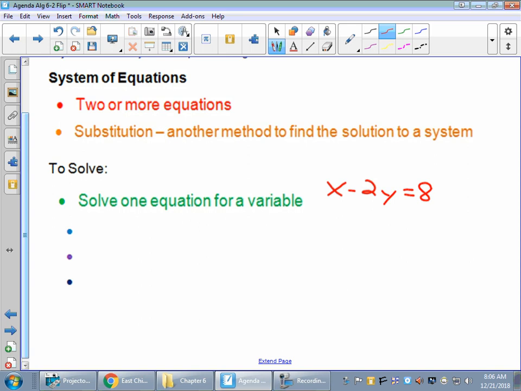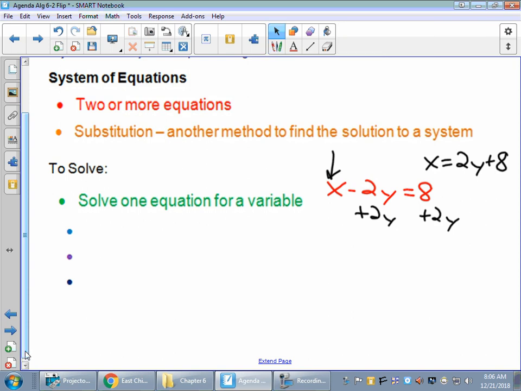Well, if we wanted to solve for x, then you would just basically add 2y to both sides, and then we'd have x equals 2y plus 8. So in that case, we would solve for x. That's what we're trying to do, isolate x. And you could do it for y as well, but that's kind of what we're looking at doing. So that's what you would do first.